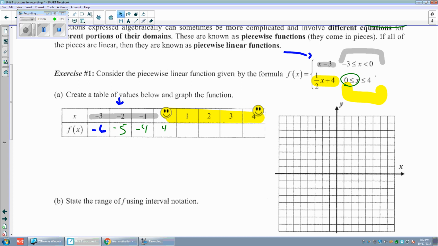That's quite a jump. 1/2 of 1 is a half, plus 4 is 4.5, then 5, 5.5, 6.